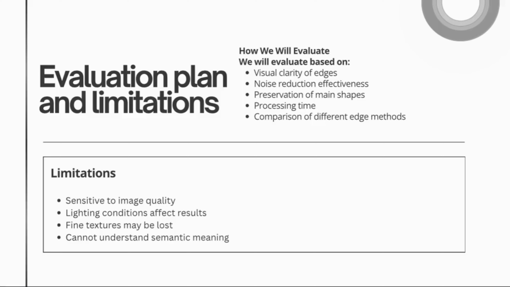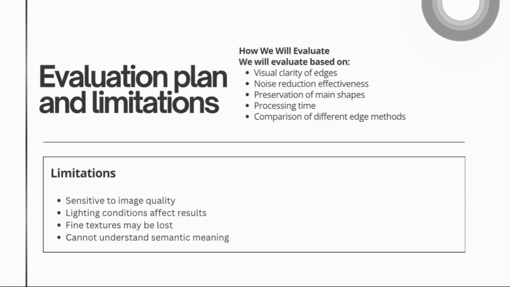We have functions and we don't know the exact numbers or limits to set at first, so we have to test each and every number so that we get the perfect ones. Right now what we did is not even perfect, but we still have the desired output. So firstly, visual clarity of edges, noise reduction effectiveness, preservation of main shapes, processing time, comparison of different edge methods.